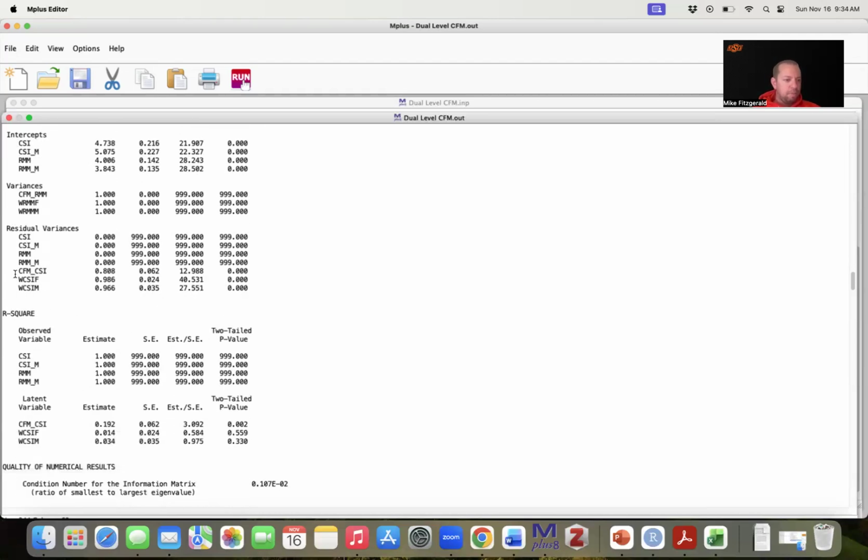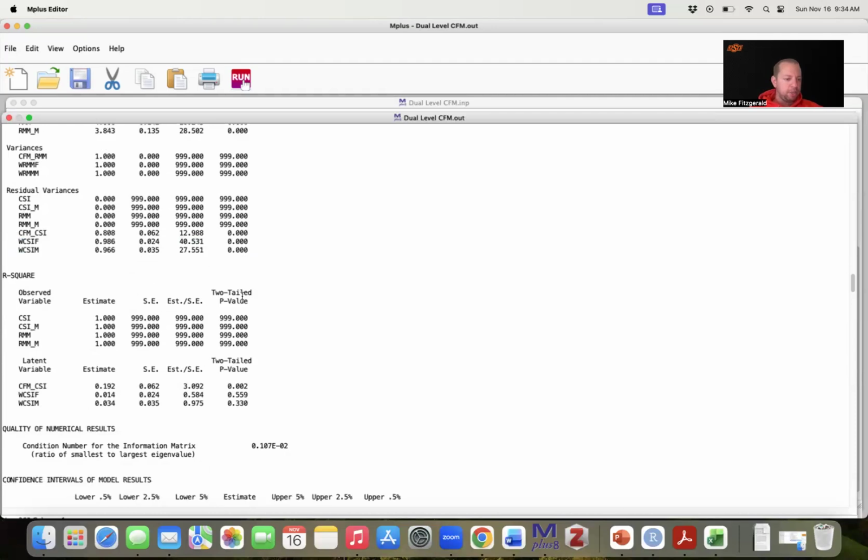So we can either do 1 minus these values, or we can just scroll down here. So we see that for females, we account for 1.4% of the variance, and for men, we account for 3.4% of the variance, at the individual level.